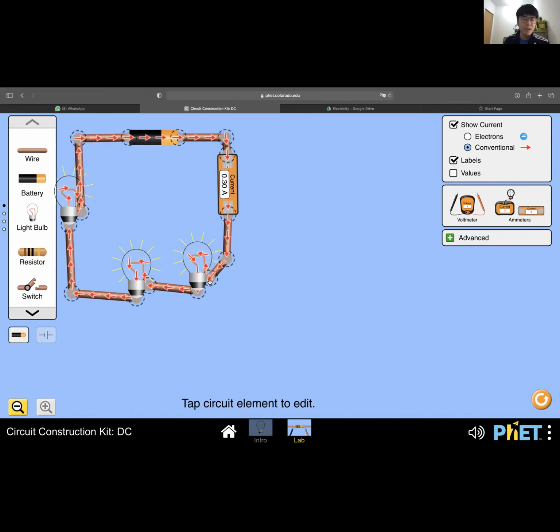No current will flow in the circuit. If I cut this point, you can see that no current is flowing at any point in the circuit. So if one load is damaged, the whole circuit is affected.